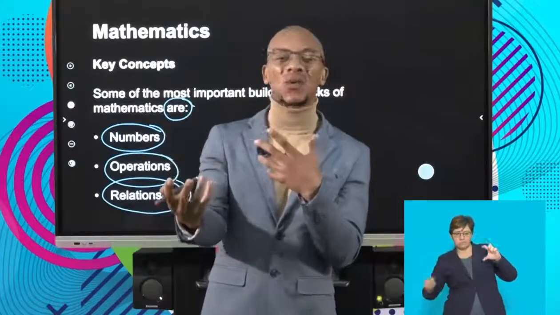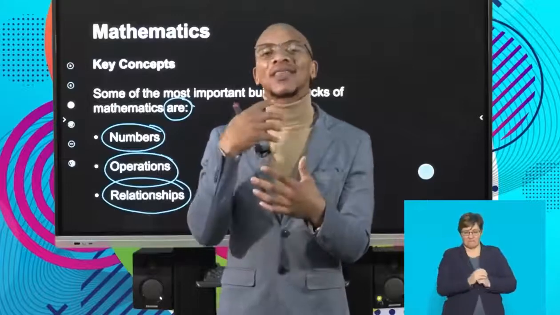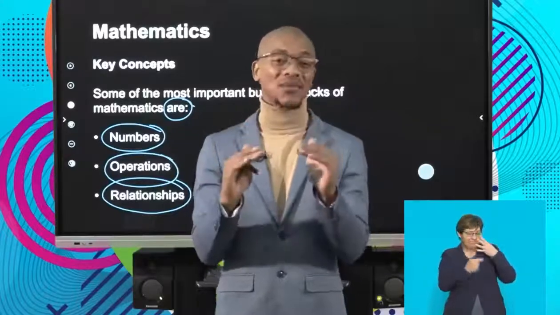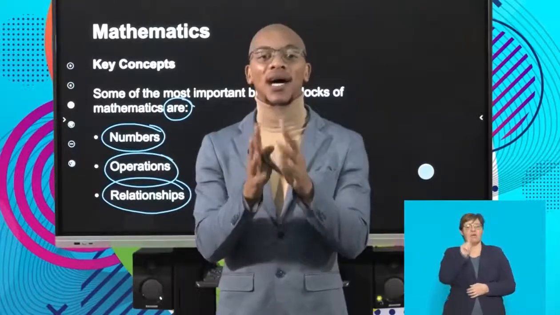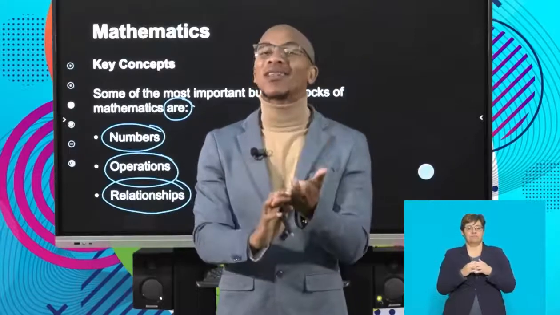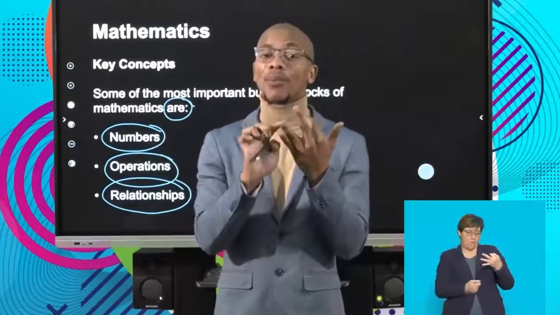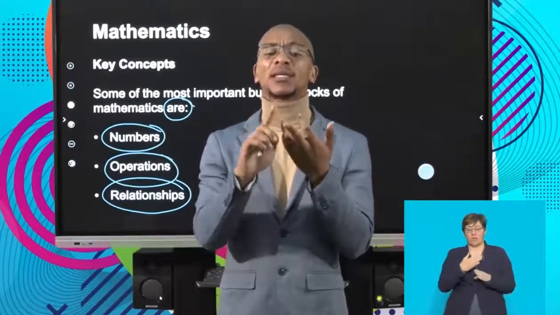That's an inequality. That's a relationship in mathematics. So that's what makes up the whole entirety of maths. I promise you, although it has all these nice concepts, they are all made up of either all three or one of the three: numbers, operations, and relationships.